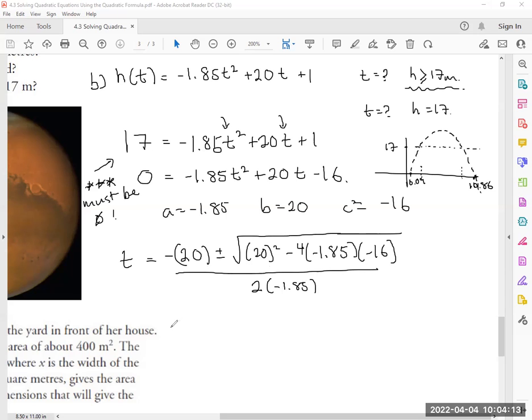I will leave this for you to calculate. I'm going to do it privately, but I know that my t value should equal 2 possibilities. Let's figure this out.